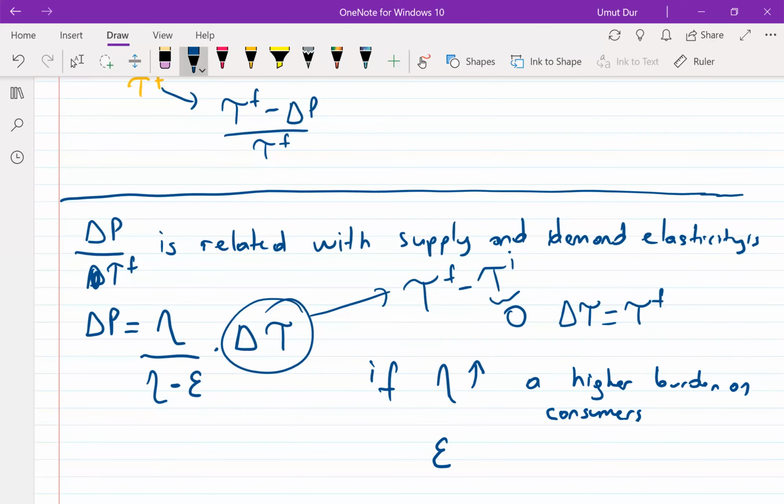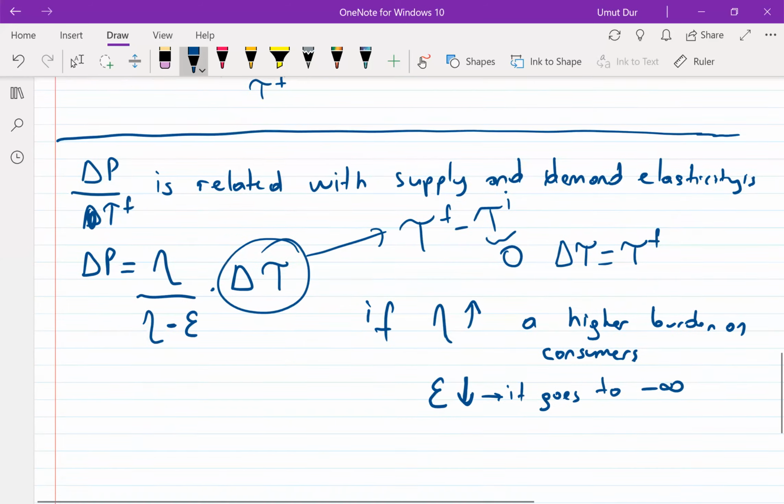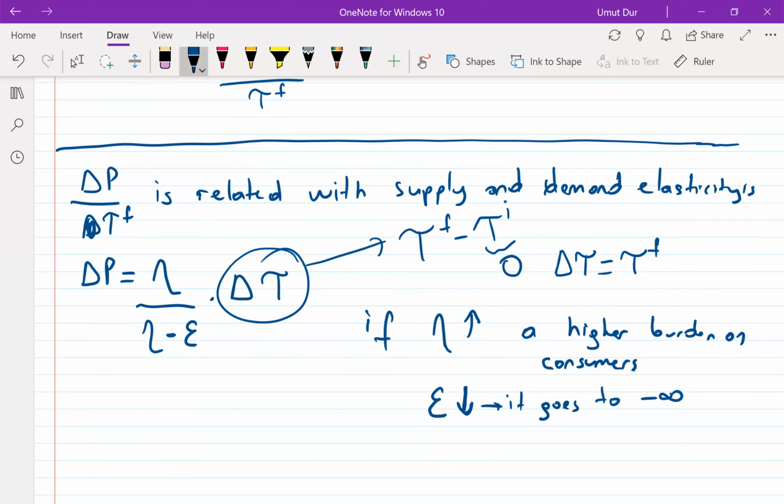If epsilon decreases, going to negative infinity, so it becomes more and more negative, then the burden on consumers will decrease.